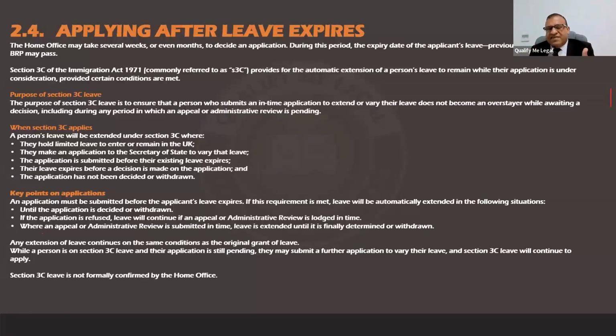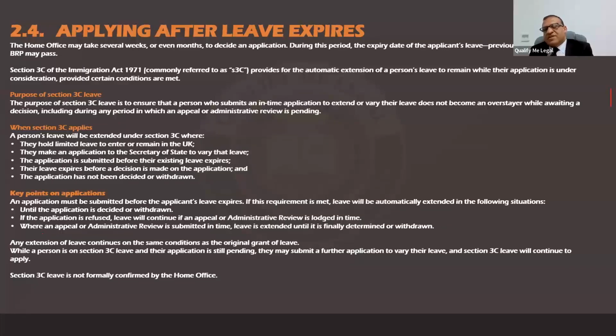If an individual in the UK was on a skilled immigration program, and that visa was valid for 2.5 years, and before the expiry of that visa he applied for his extension within the UK, and his visa expired while his application was pending with the Home Office, then Section 3C would jump in to protect that person from becoming an overstayer.